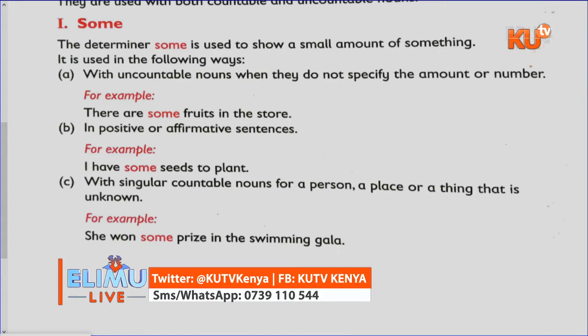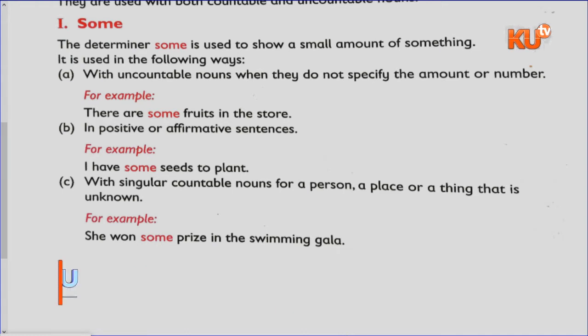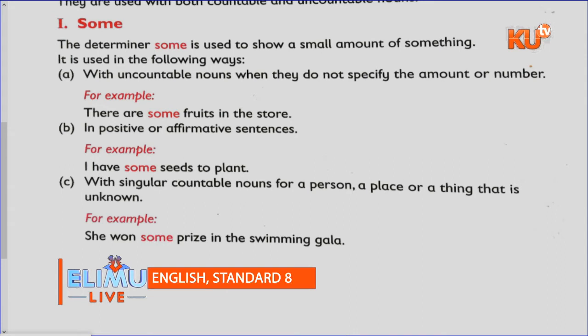I'll also give you some determiners which indicate a negative sentence. Now, with singular countable nouns for a person, a place, or a thing that is unknown. For example, she won some prize in the swimming gala.